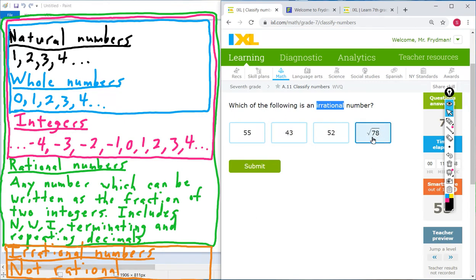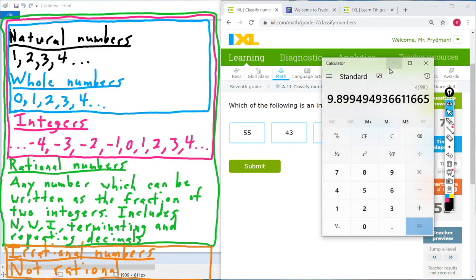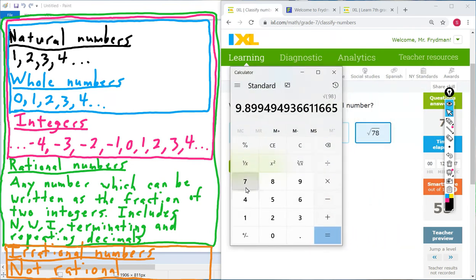Now, what about the square root of 78? The square root of 78 would be irrational. If you look at it in the calculator, here's 78, and we'll take the square root, and notice what you get here. You get a decimal answer.